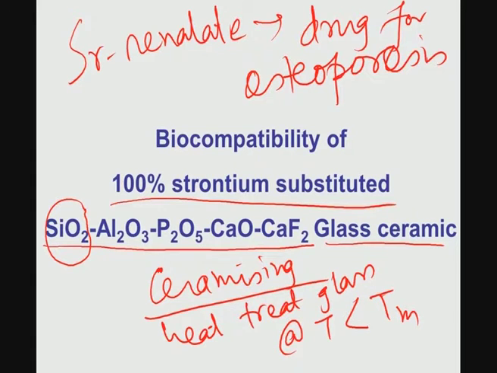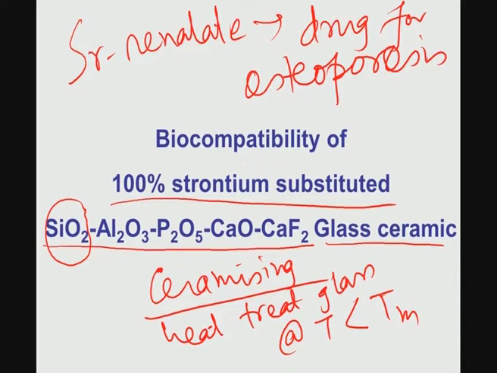Osteoporosis is essentially bone loss, triggered by a larger population of osteoclast cells than osteoblast, the bone forming cells. As a result, older patients have much weaker bone and so on.